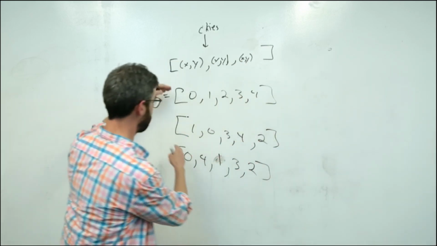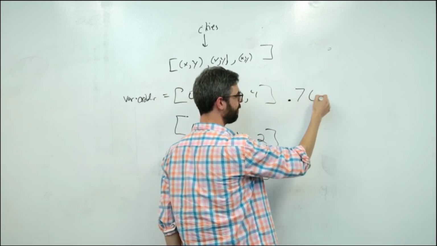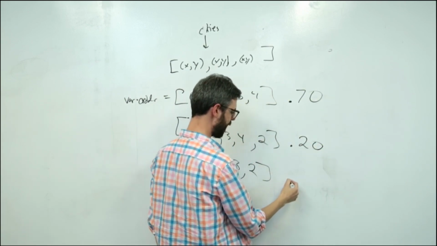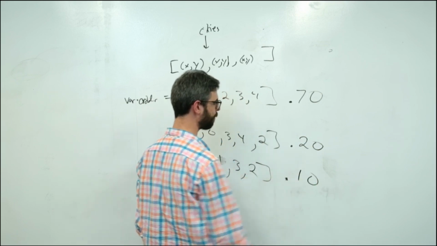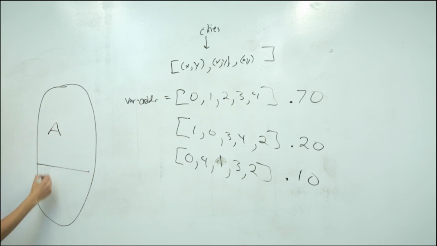If you imagine this as the population, and this has a fitness map to probability of 70%, this has 20%, and this has 10%, well, I could draw that almost as a two-dimensional space with 70% being A, 20% being B, and I didn't draw that very well to scale, 10% being C. So how can I pick a random number between 0 and 1?